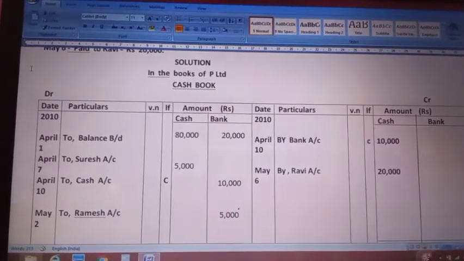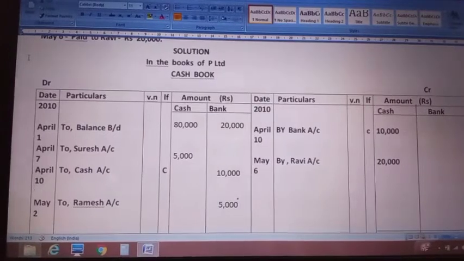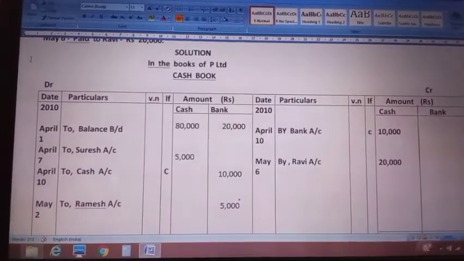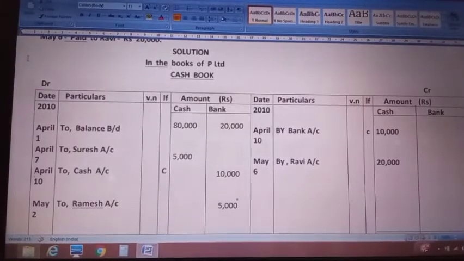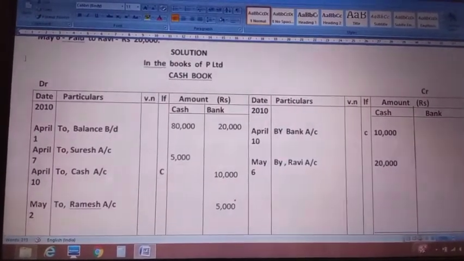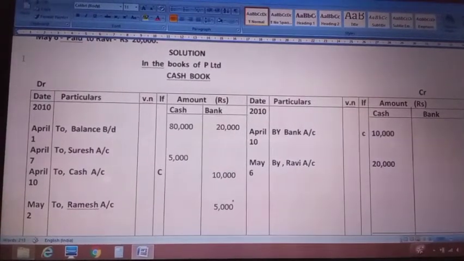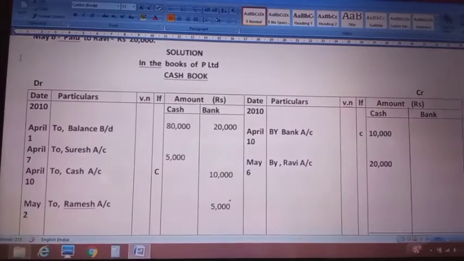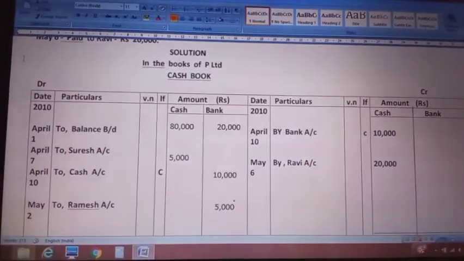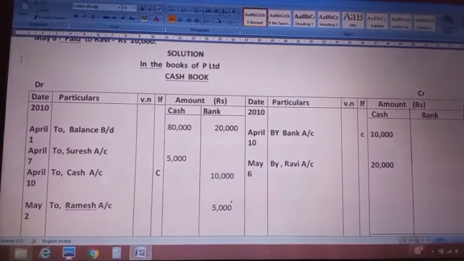And if an overdraft balance of bank is given, overdraft means it is a negative balance, so at that time we will record that overdraft balance as the opening balance on the credit side by writing by balance BD in the bank column. Okay, so this much was very important for you to know.